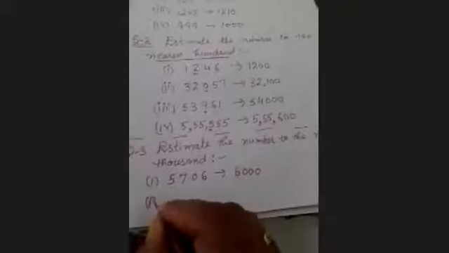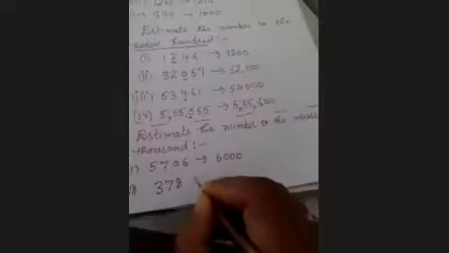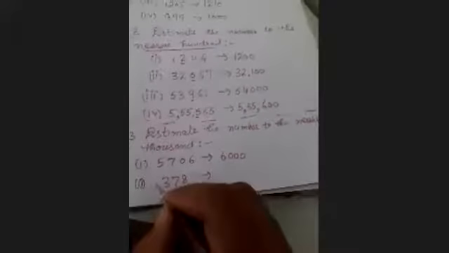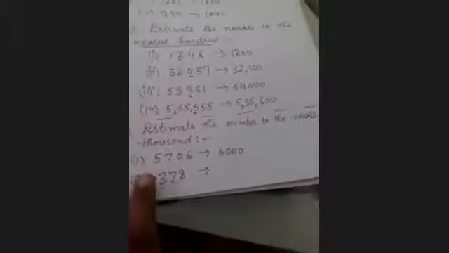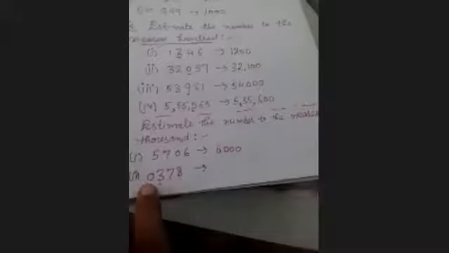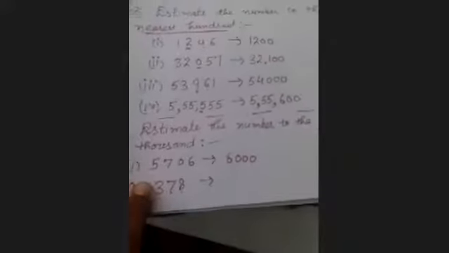Next is the second part, 378. Ones, tens, hundred, thousand. In the thousand place we have 0. And our next digit is 3.